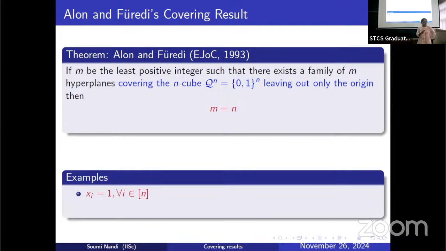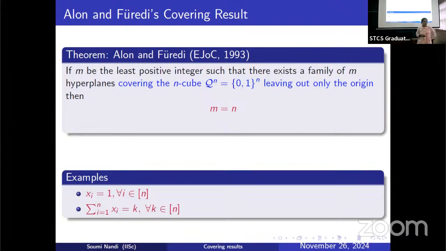Also, this family of n hyperplanes that does this covering job is not unique. One is x_i = 1, where i runs from 1 to n. And also, if we consider the family where the summation of x_i is k and k runs from 1 to n, then this family also does the same job.